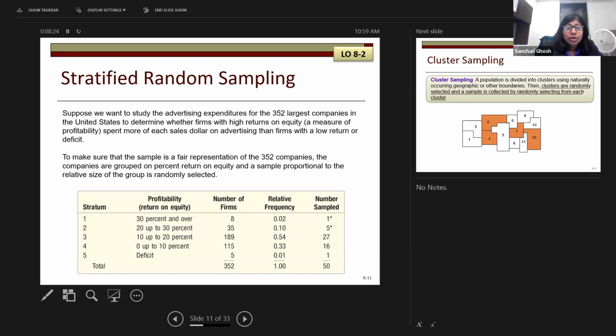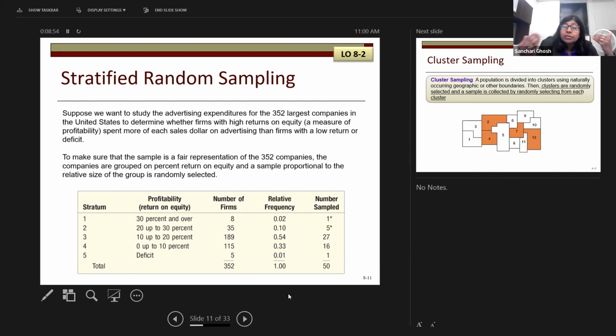So you are sampling them by 30% and over equity returns. Those are very low in number of farms sampled. The number sampled is 1 because there are only 8 farms out of 352 at 30% and over, whereas at 10 to 20% return on equity, there were 189, or almost 200 farms out of 352. So we are going to sample more of these.